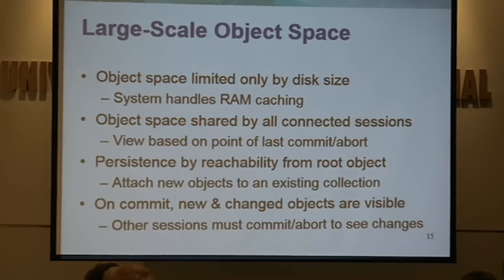Persistence by reachability from a root object, so again, garbage collection is handled. All you need to do to make something persistent rather than some sort of save operation is just attach it to a persistent root and then commit. So add a new customer object to a customer collection and commit, and it is now persistent.